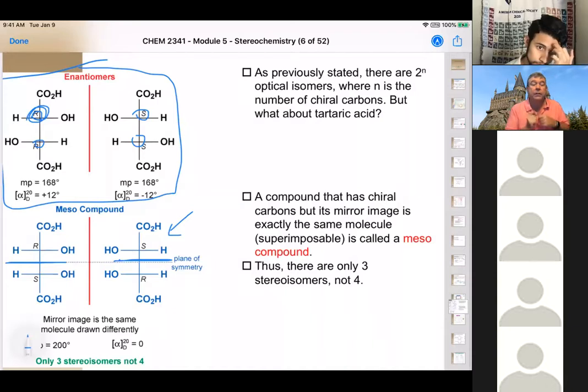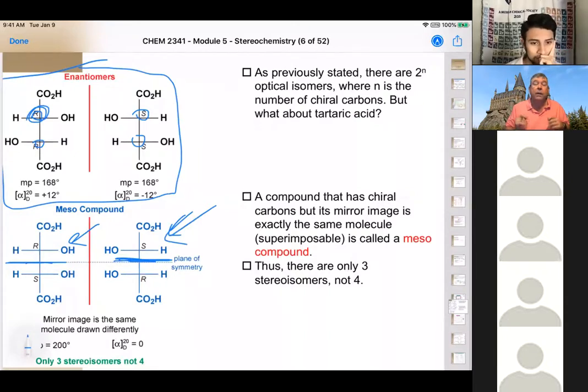Both of those isomers have a mirror plane. Because both those isomers have a mirror plane, we don't have 4 isomers. We only have 3 isomers, because these 2 cancel each other out, because neither one of these is chiral. They have 0 optical activity and a different physical property.